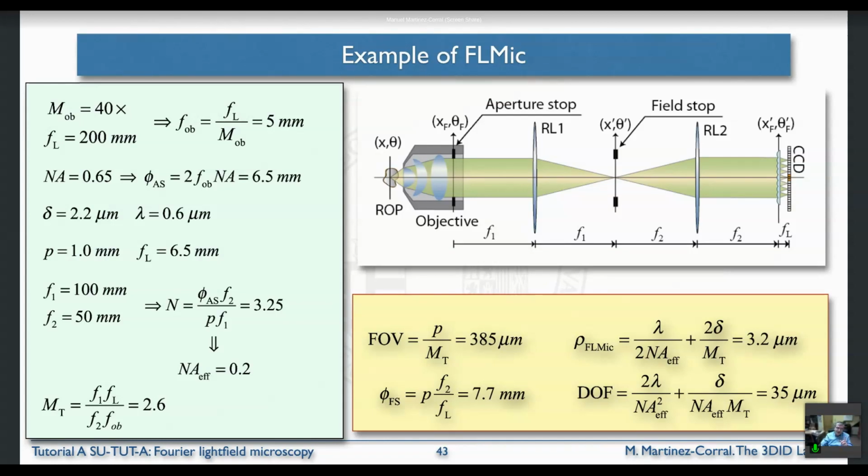Previously, we used 125. Now we are using 100. This is the only change we need to make. This is the effective numerical aperture, which is the result of dividing this number by this. And these are the numbers that we are obtaining according to the equations I showed you before. And then we can compare.